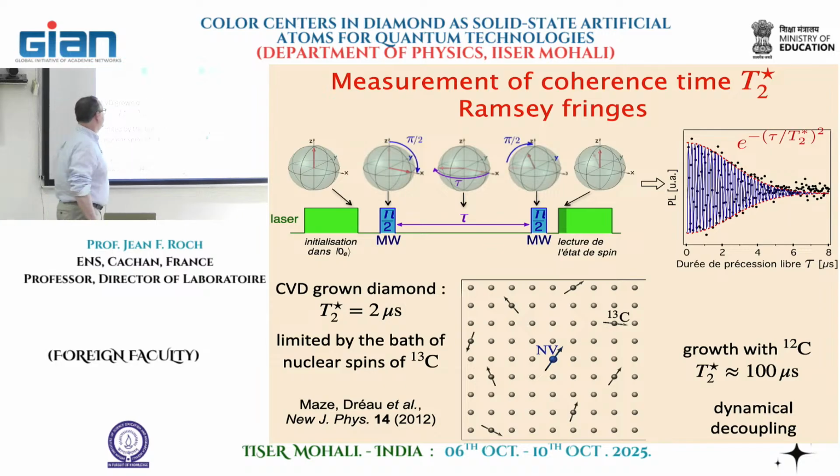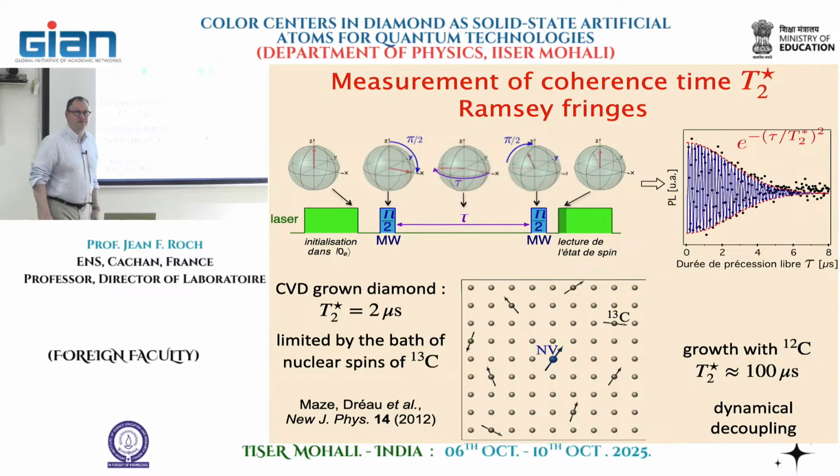At the end, after this free precession, we apply a new pi/2 pulse, which should be equivalent to a pi pulse if there's no decoherence effect. And we measure the population in the MS equals 0 state by applying a new laser pulse.